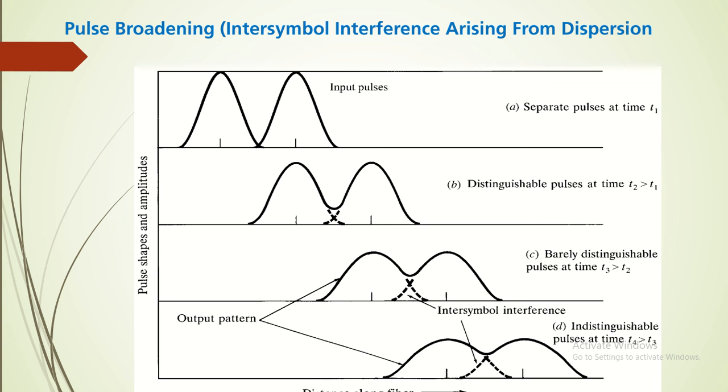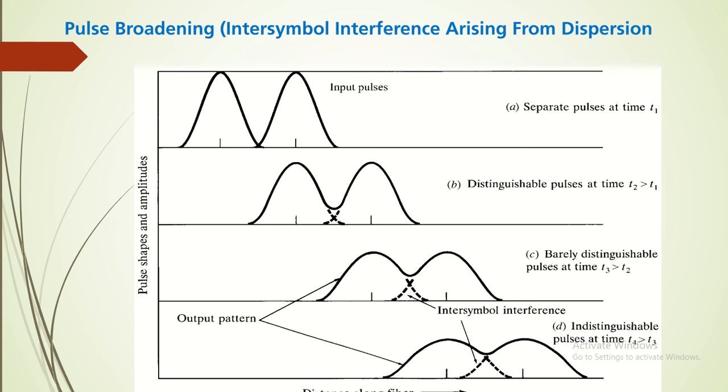The first diagram shows the input pulse. Each pulse has a separate time slot, that is T. The first pulse has T1 and the second pulse has time T2. When a pulse starts to travel for a distance, if the pulse gets broadened, it starts to overlap.